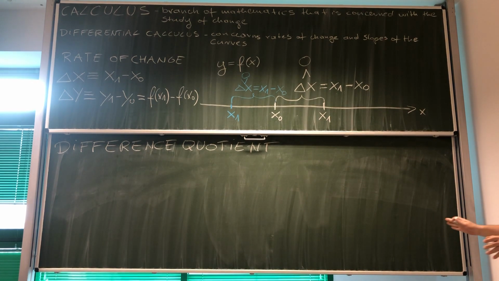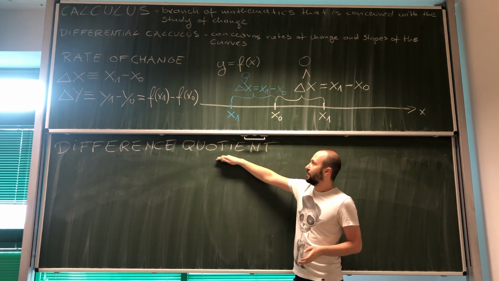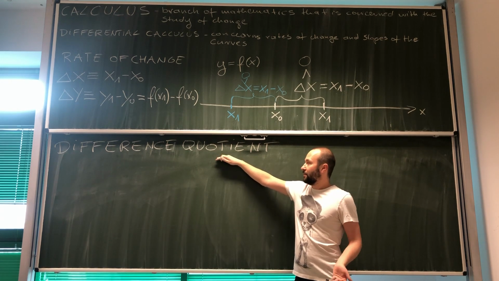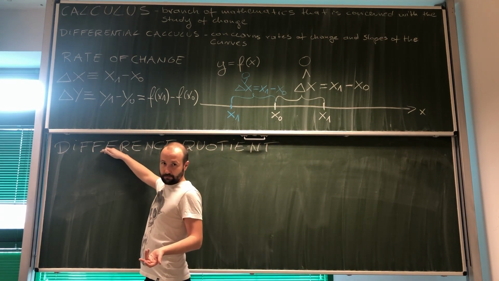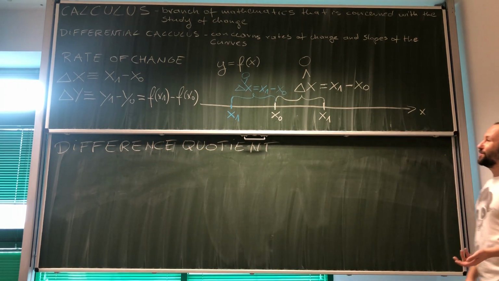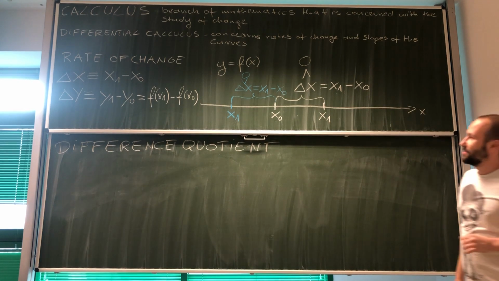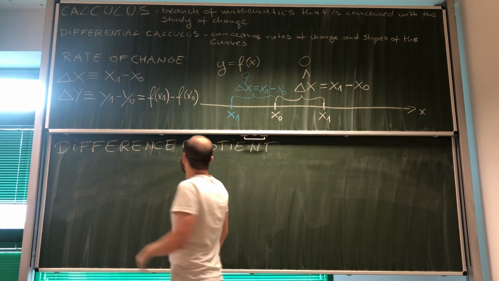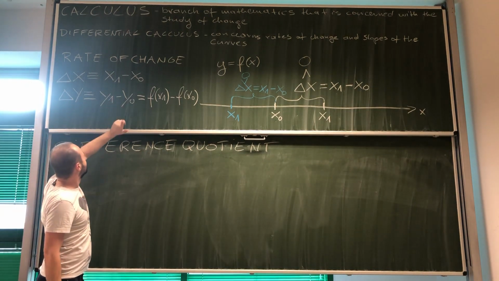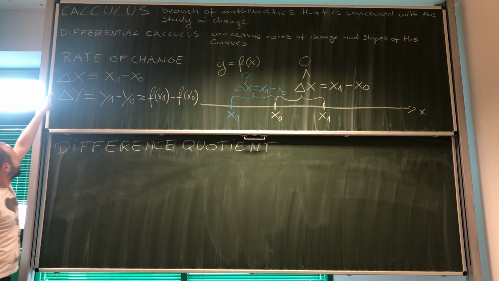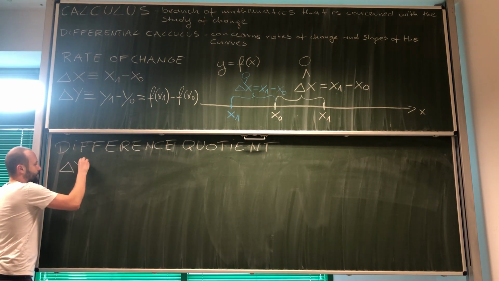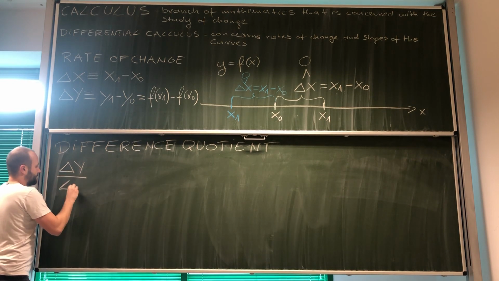I hope you remember that quotient is, of course, the result of division. Difference is the result of subtraction. So difference quotient is defined as the quotient of two differences, expressed as delta x and delta y. And in the difference quotient, we divide delta y by delta x.